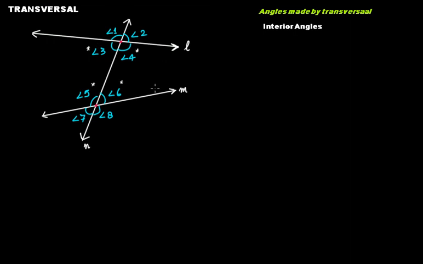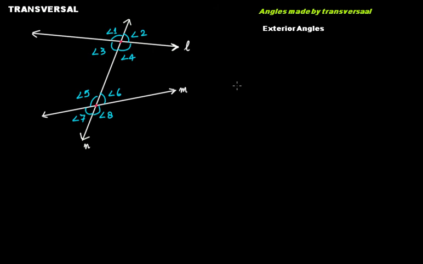The main thing is, they all lie between the two lines. They are interior to these two lines. So angles 3, 4, 5, and 6, these all are interior angles.